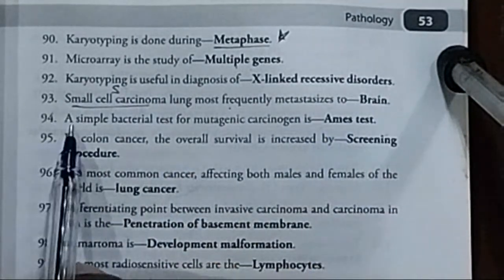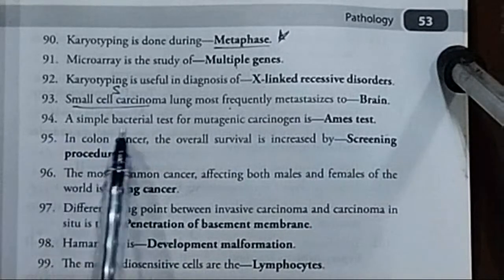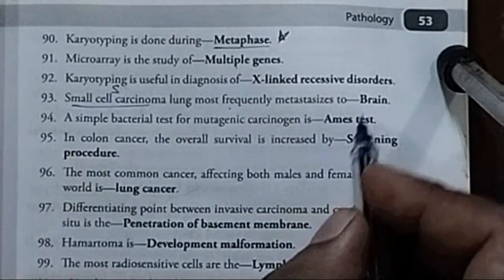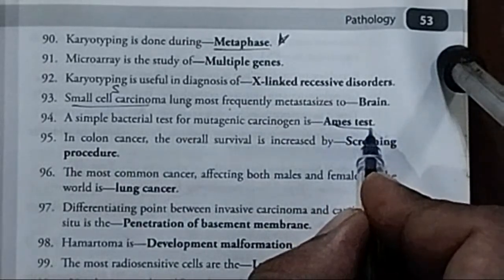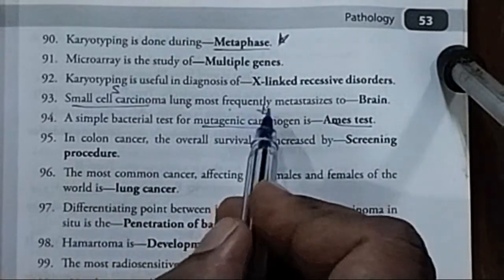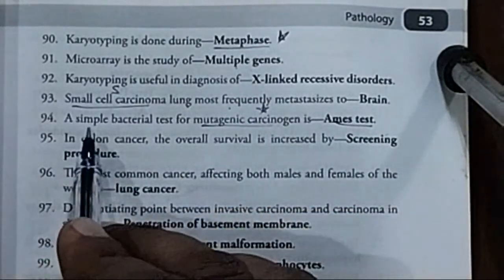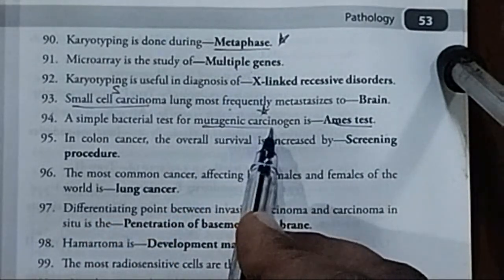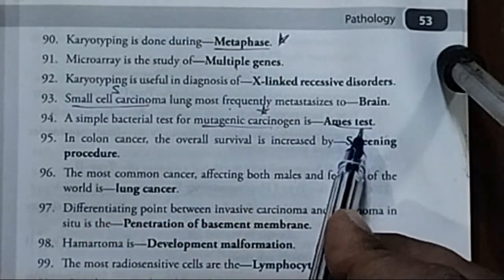The next important MCQ is a simple bacterial test for mutagenic carcinogen. The name of the test is Ames test. So do remember, for the mutagenic carcinogen, a simple bacterial test done is the Ames test.